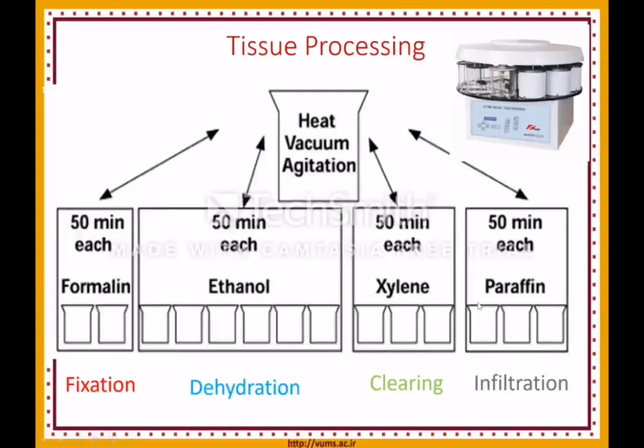In this step, the paraffin infiltrates each part of the cell that previously included water. Each time for each jar is 50 minutes or maybe 1 hour 30 minutes, and these are changeable with this equipment, this tissue processor.